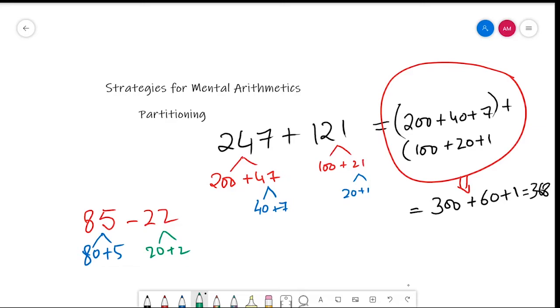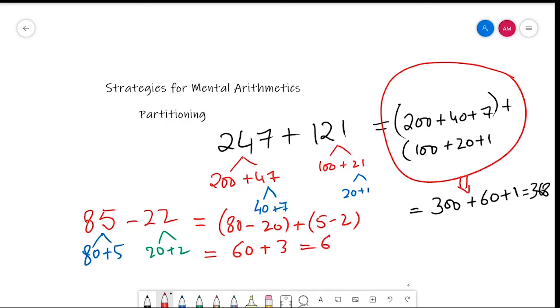So it means we can do this question like this: this is equal to 80 minus 20 and 5 minus 2. So it's very easy now. So this comes out to be 60 plus 3 and it is 63. So this is one way of doing mental arithmetic by partitioning.